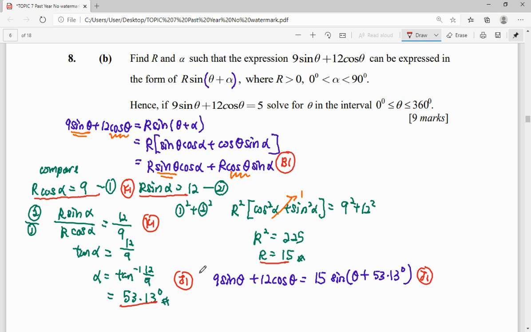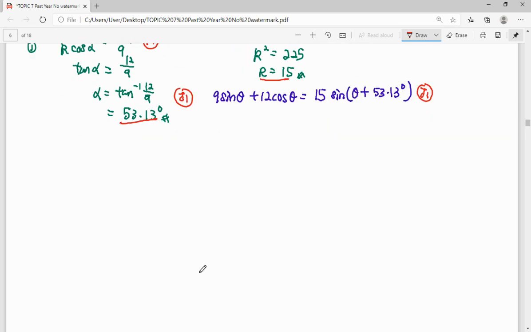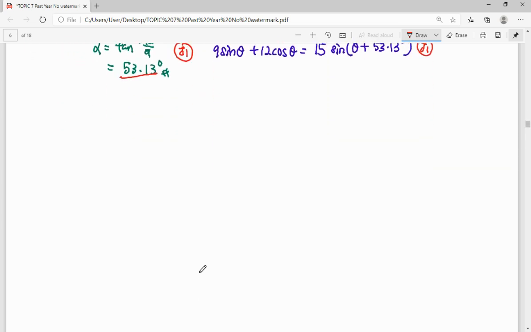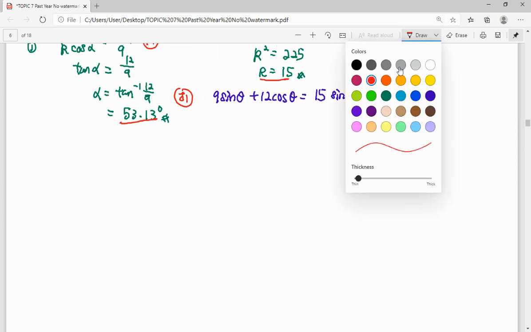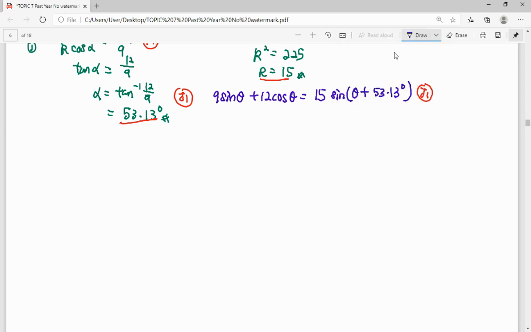We proceed to the second task here, where the equation 9 sine theta plus 12 cos theta will be equal to 5. So substitute our result from part 1.